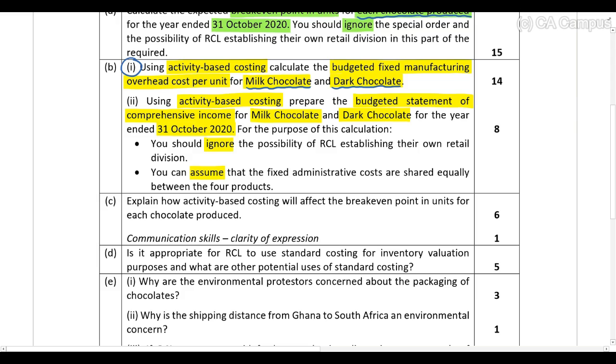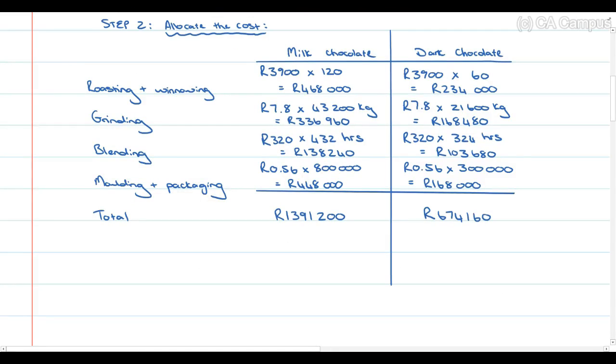We need to calculate the budgeted fixed manufacturing overhead cost per unit for each of the products. So we just need to divide by the number of units that they expect to produce. So it's 800,000 units of milk chocolate and 300,000 units of dark chocolate in order to get the fixed overhead cost per unit.